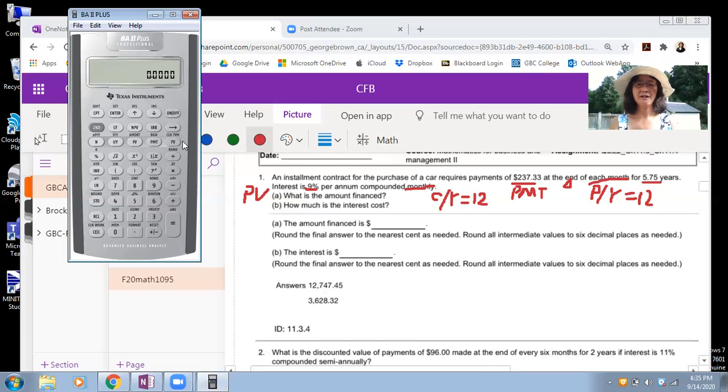So 237.33, and PMT is entered as a negative number, so positive, negative, then PMT. So that is PMT. And for 5.75 years, you make payments for 5.75 years. Each year has 12 months, so you need to use 5.75 multiplied by 12.